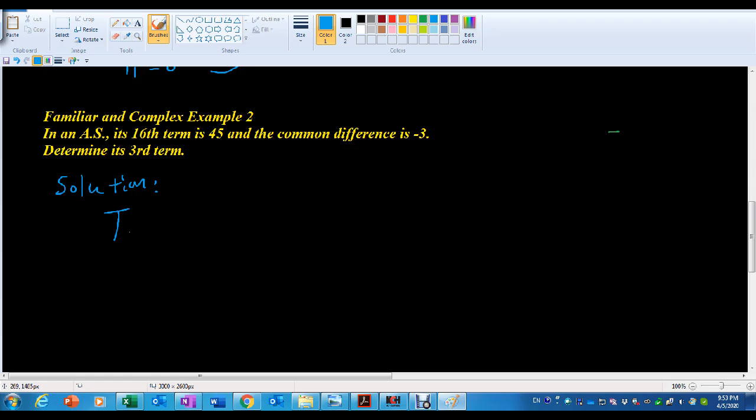Tn equals Tm plus (n minus m) times d. Okay, so be careful what should be n, what should be m. Remember that if you use this generalized formula, make sure that n must be greater than m.